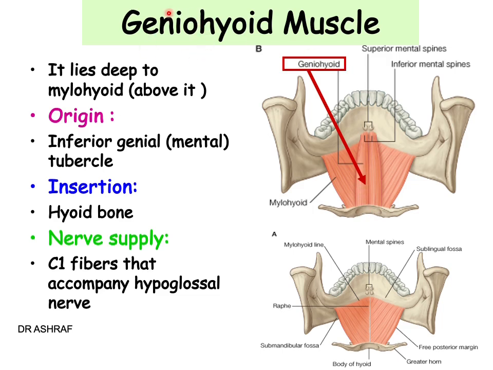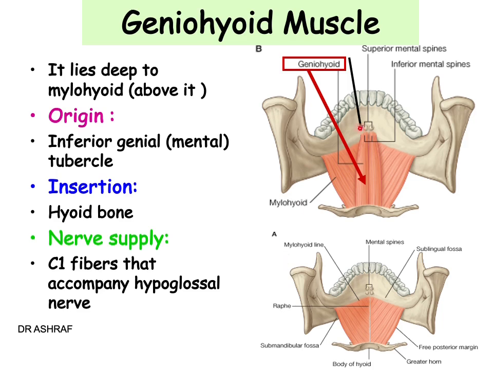Remember that this muscle is going to be supplied by the C1, okay? It's supplied by the C1 اللي هو ماشي مع الهايجلوسس nerve. يعني عندنا geniohyoid is going to be supplied by C1, a thyrohyoid is going to be supplied by C1, while other muscles, especially the infrahyoid muscles, are going to be supplied by what's called the ansa cervicalis زي ما قلنا في المحاضرة.